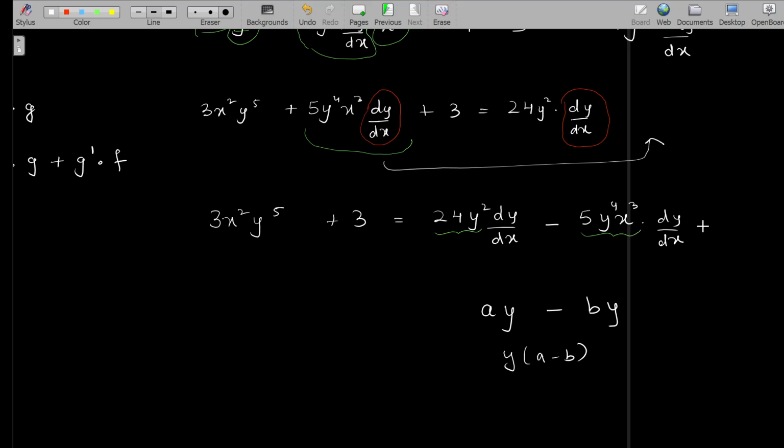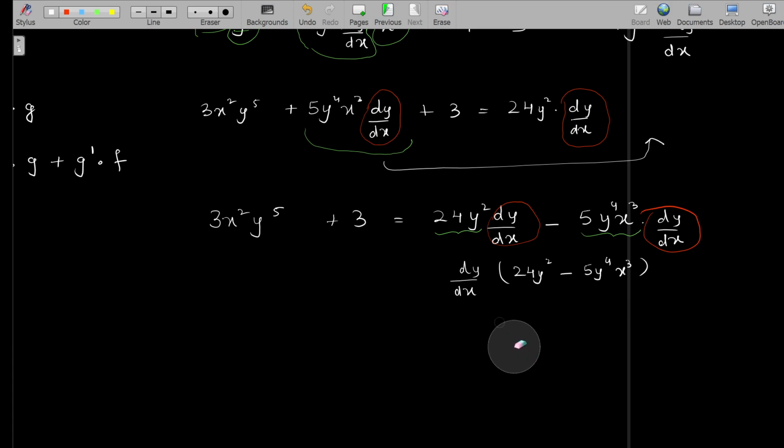So same thing if we apply here and we factor out dy over dx. So you'd get dy over dx times 24y square minus 5y raised to 4 x cube. Our goal is to find out the value of dy over dx, so this left hand side is as it is.